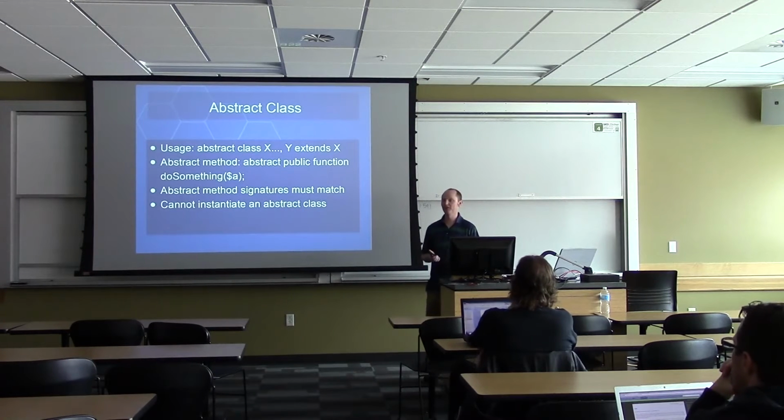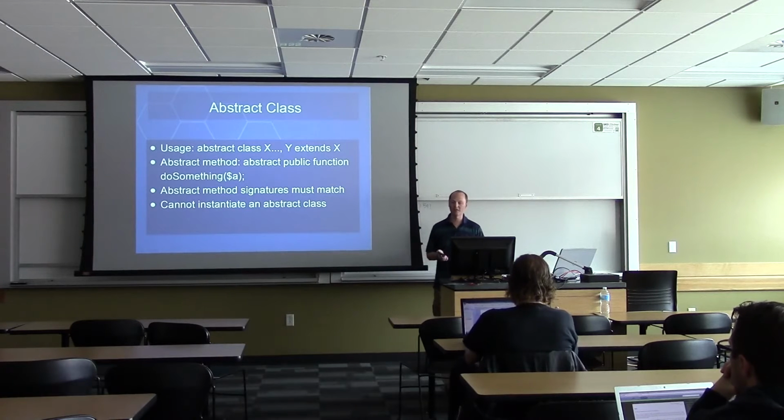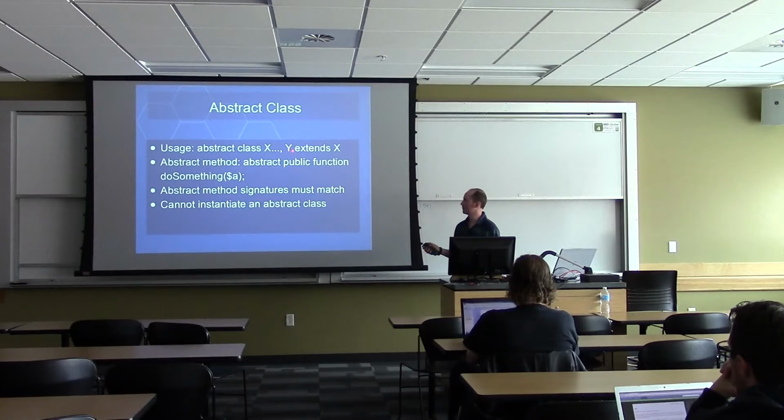The usage of them: if you're going to use abstract classes, you first define it, say abstract class X, and you do your curly braces and build out your abstract class. And then when you want to use it, you say class Y, or whatever, extends X, where X is the name of the abstract class. Abstract methods can be inside of an abstract class.